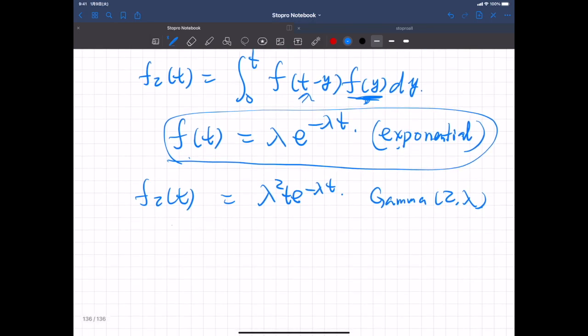And if you continue this, in general, we have fn of t as a gamma distribution with parameters n and lambda. You should try to prove this by induction or something.